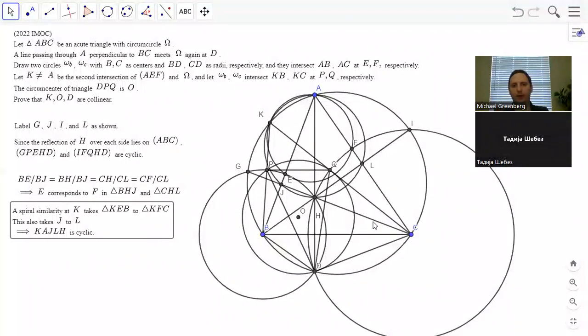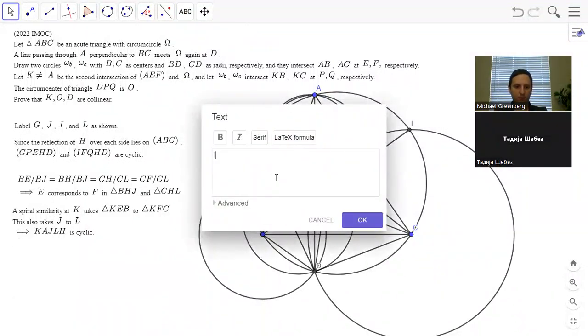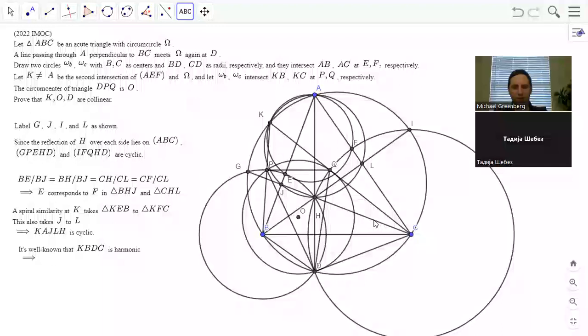So now we find the parallel using the harmonic quad. It's well known that KBDC is harmonic, and that means that KB over BD equals KC over CD.